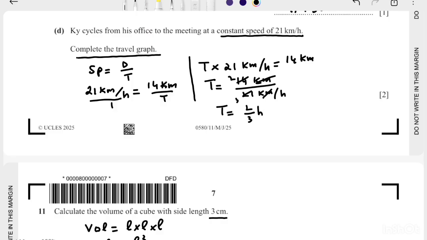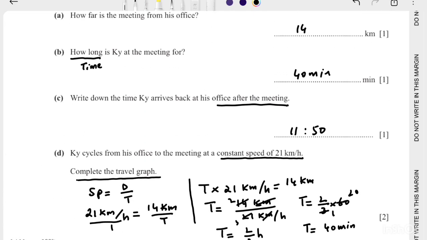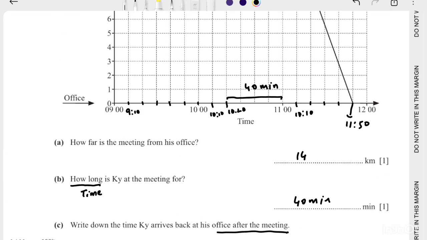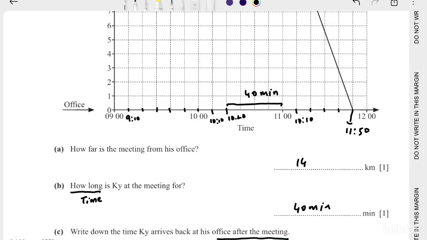Now we have to change hours into minutes. T is equal to 2 divided by 3 multiplied by 60. 3 ones are 3, 3 twenties are 60, and time would be 40 minutes. Now we have to mark the exact time, that is 9:10, 9:20, 9:30, 9:40.